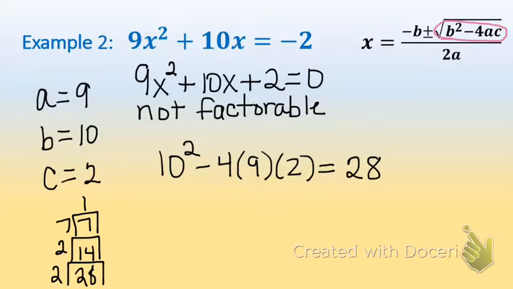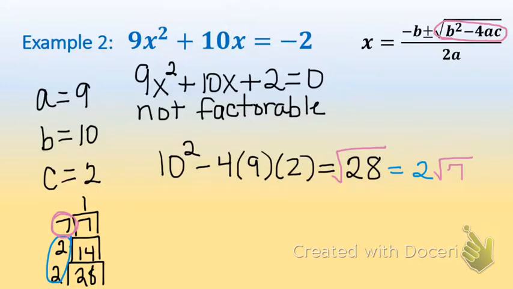We have a pair of 2's, and we have a 7. So because we have a pair of 2's, that 2 can come out, but the 7 does not have a partner, so it has to stay. So the square root of 28 is equal to 2 times the square root of 7.